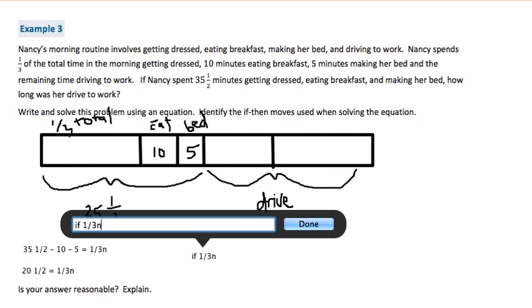If 1/3 n equals 20.5, then 3 times 1/3 n will be equal to 3 times 20.5.